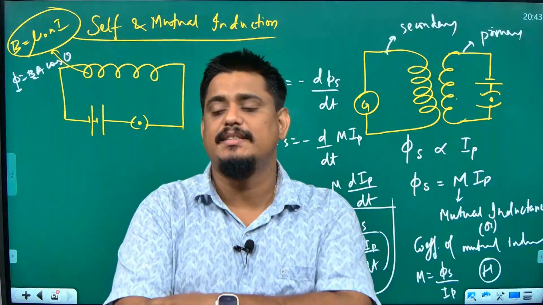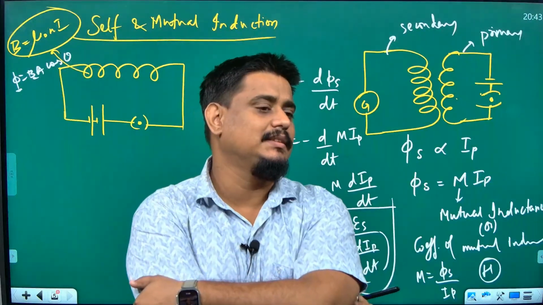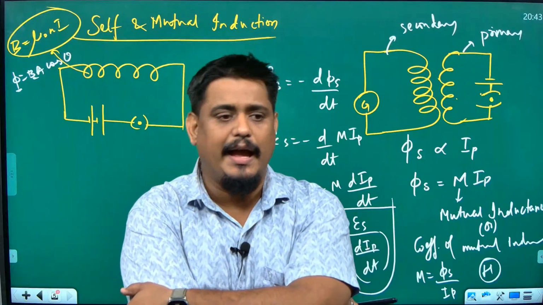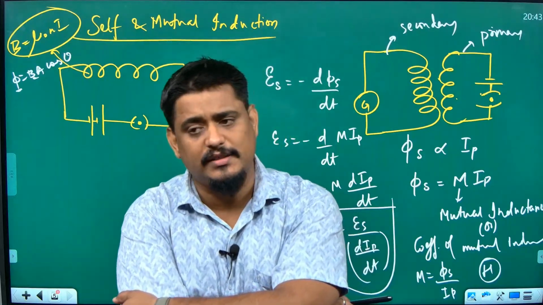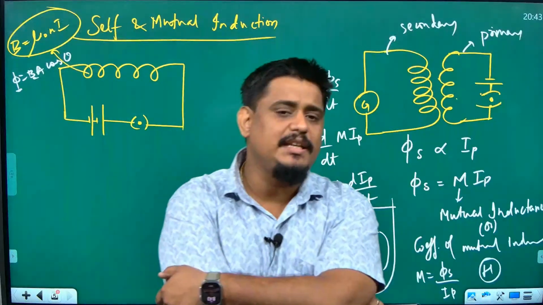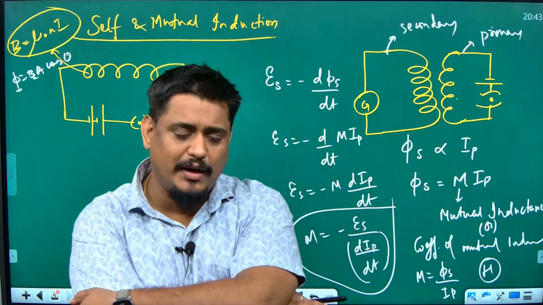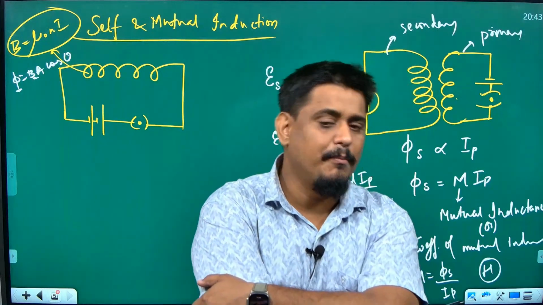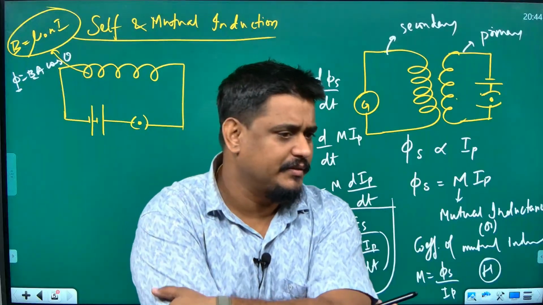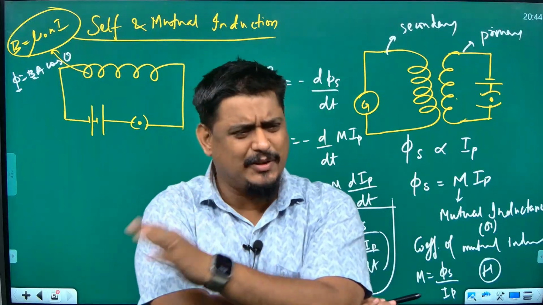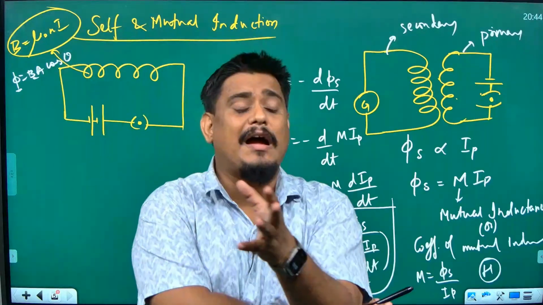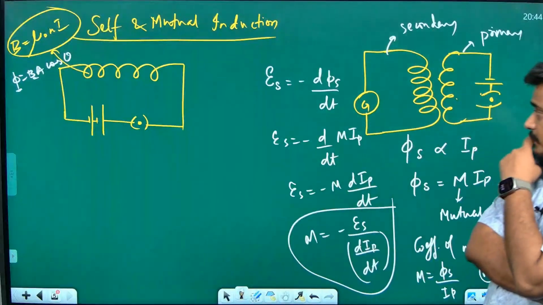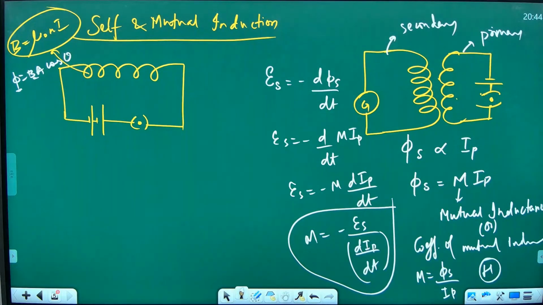That is, self inductance is defined as opposing EMF per unit rate of change of current, and mutual inductance is defined as opposing EMF in secondary coil per unit rate of change of current in primary coil. Both have same unit, which is Henry. If they ask you a very basic question, but if they ask you what are the factors on which mutual induction depends, then you can say current in primary coil, obviously yes.